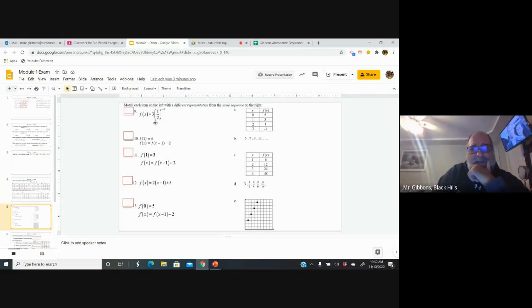But now, this 3 has to be my first output. So I'm looking for an input of 1 and an output of 3. 0, 5 is out. 5, that's out. 6, that's out. Okay, so do you see that in D, the first term of the sequence is a 3?